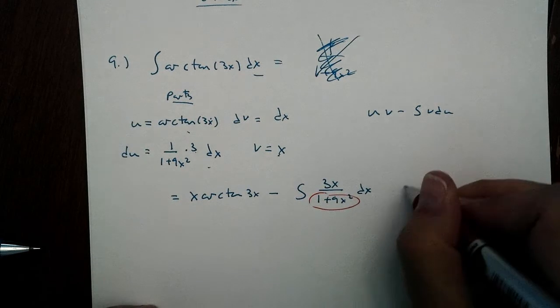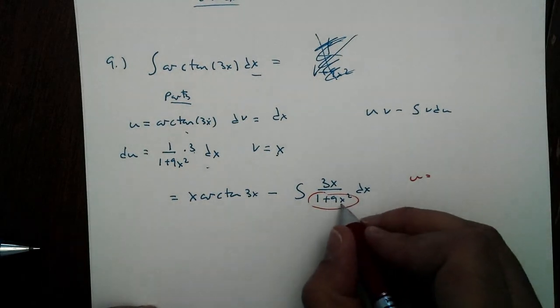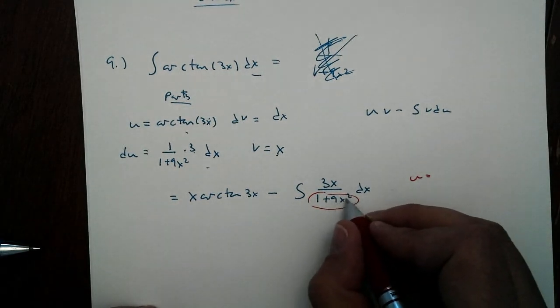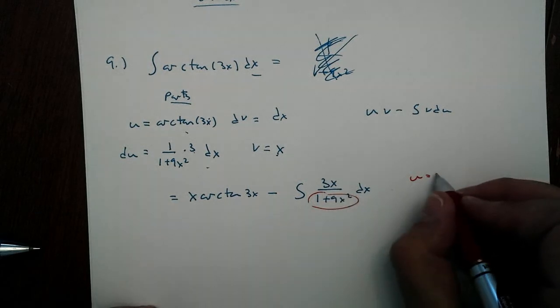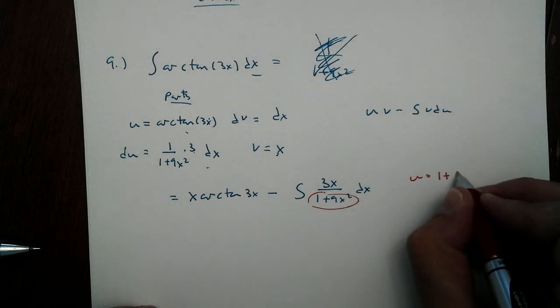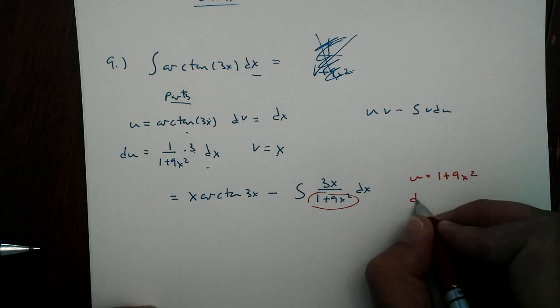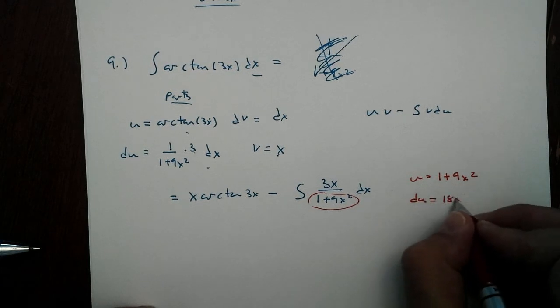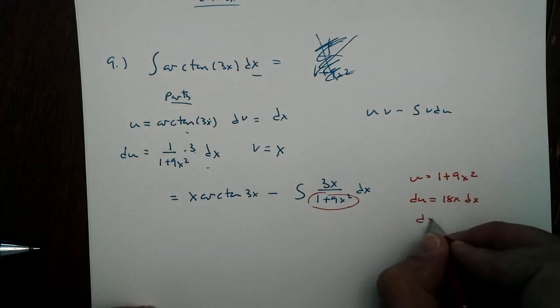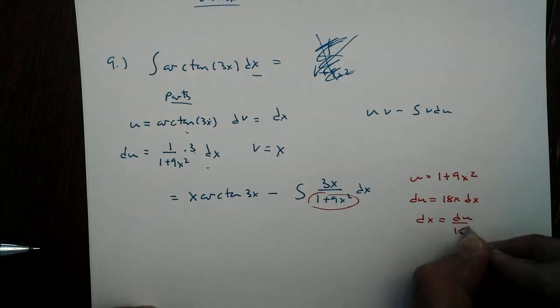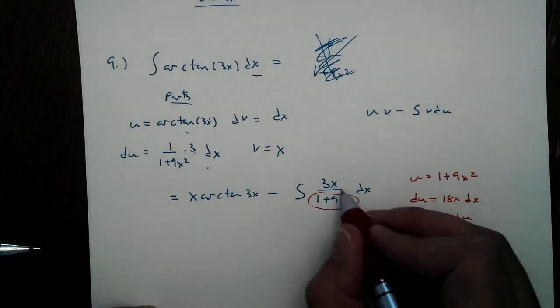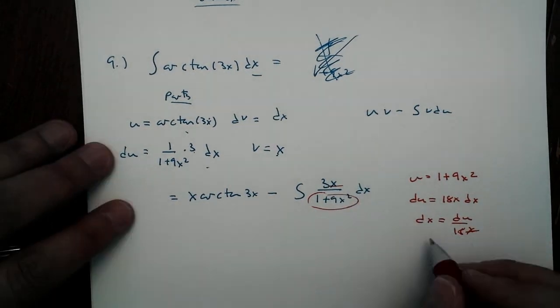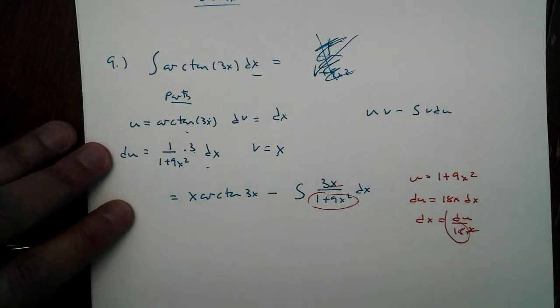I can actually use U-substitution here, because the derivative of 9x squared is going to become 18x, and those x's will cancel. So I can let u be 1 plus 9x squared. du is 18x dx, so dx is du over 18x. Again, those x's are going to cancel, and we're going to divide by 18.